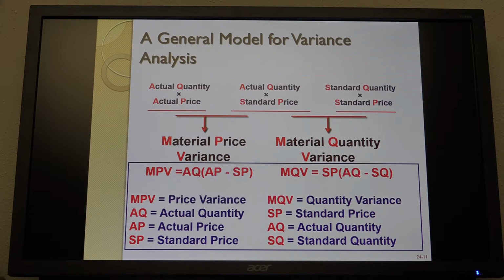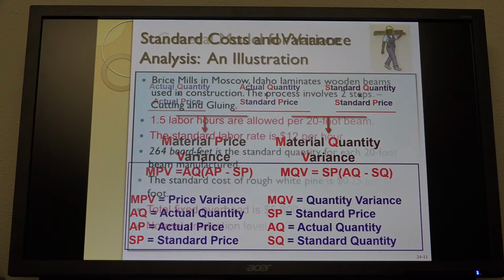Material quantity variance, MQV, equals standard price times actual quantity minus standard quantity. This is probably the best thing to use when you're figuring out these variances. Again, this is a general model, but it can be applied to all three: direct materials, direct labor, and factory overhead.